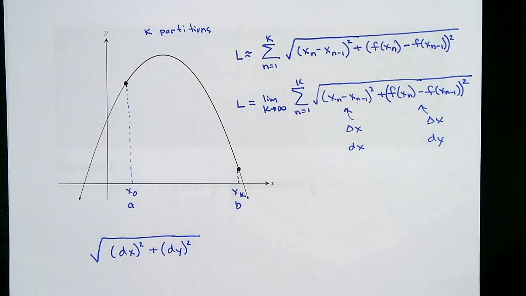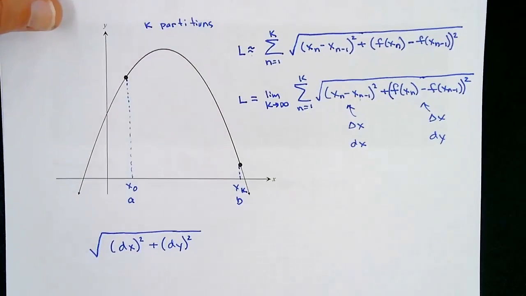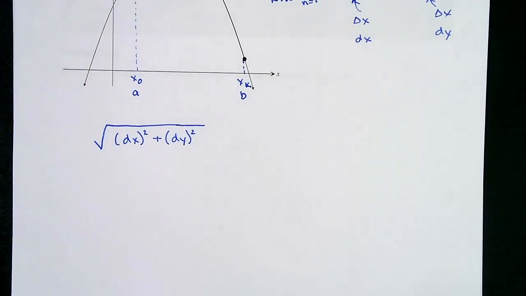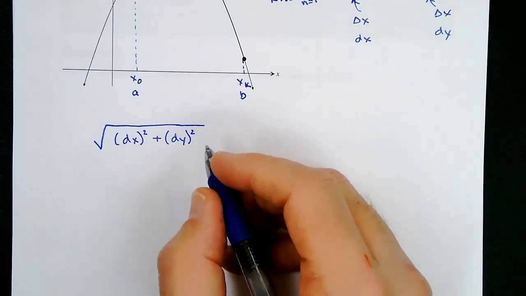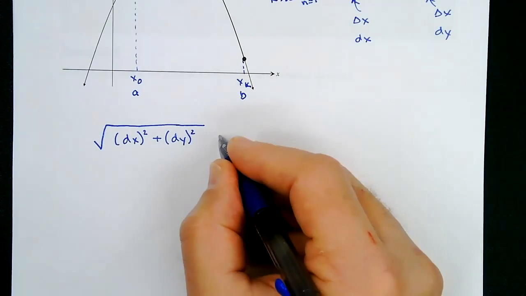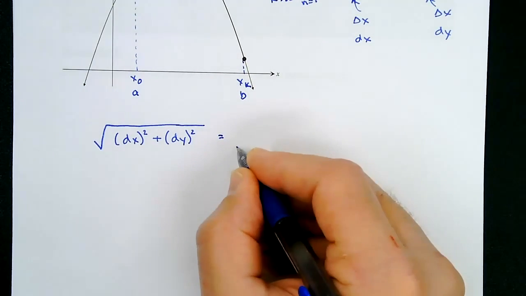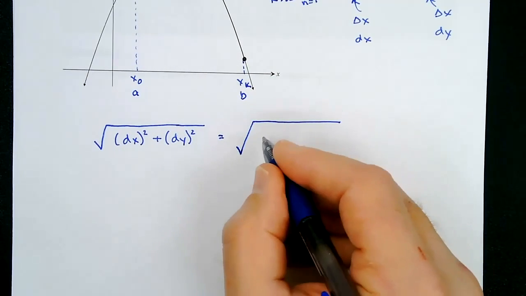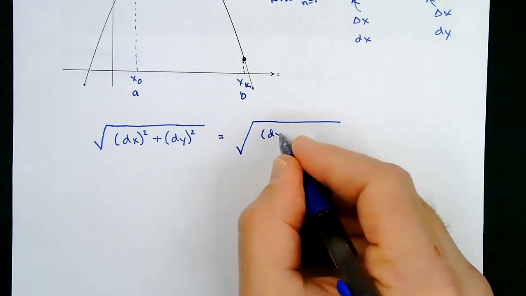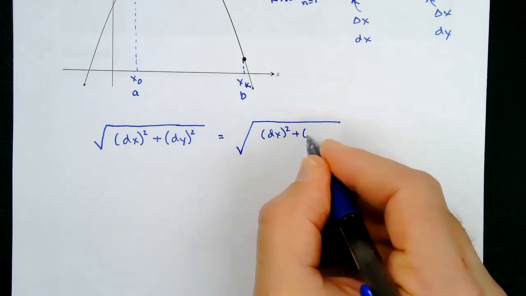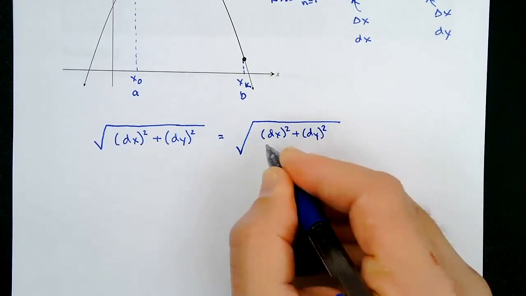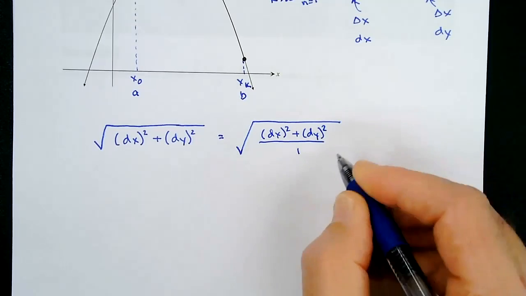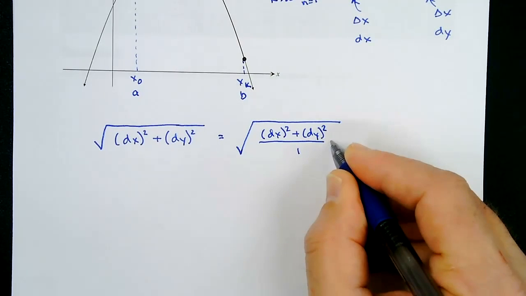Okay, so let me slide this up a little bit and we'll talk a little bit more. So what is another way that I can write this? Another way that I can write this is equivalent to the square root of dx squared plus dy squared over 1. And you're going to see in a minute why I'm going to do this, but I can change this by multiplying by a version of 1.